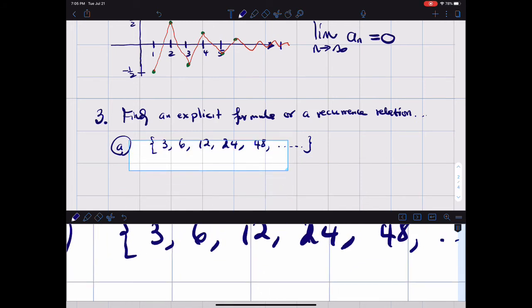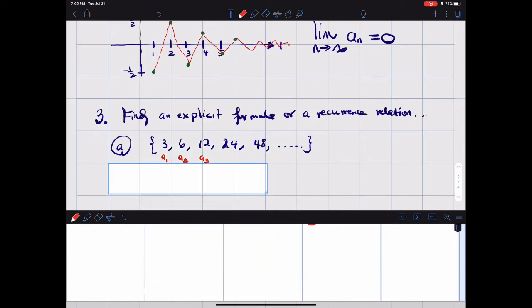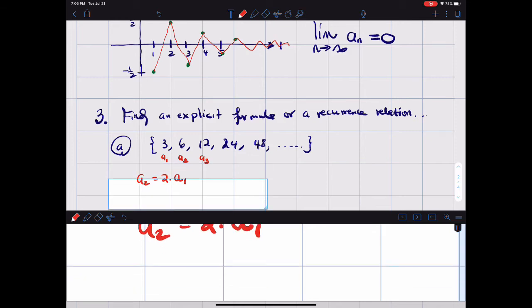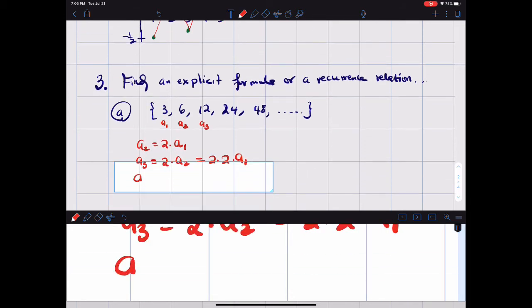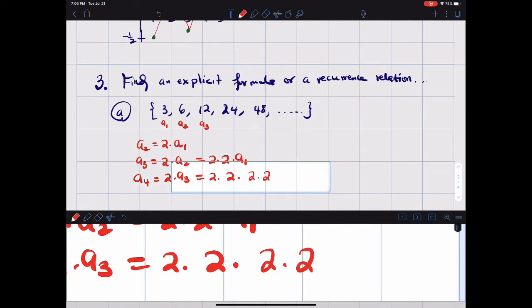A1 is 3. A2 is 2 times 3. A3 is 2 times A2. So are you seeing what I'm seeing? You have A1, but A2 is 2 times A1. A3 is 2 times A2, which is 2 times 2 times A1. A4 is 2 times A3, which is 2 times 2 times 2 times A1.